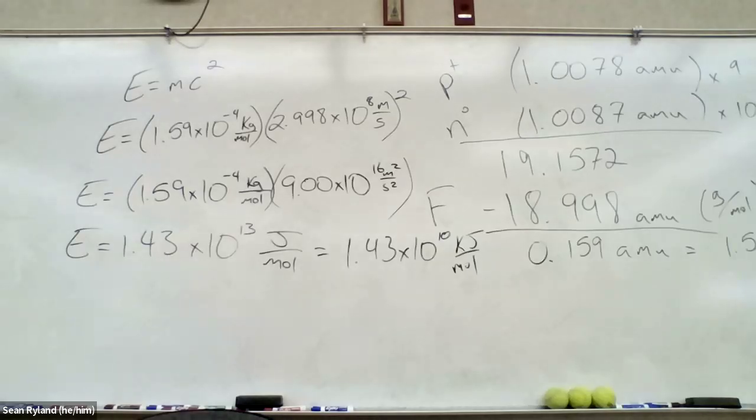Alright, and so we can actually look at all the stable nuclei. The most stable nucleus of every element, as we go from hydrogen all the way up to uranium. There's actually a theoretical maximum where you get the most nuclear binding energy. And we think of those as being the most stable nuclei. The most stable isotopes are the ones where you have the highest possible nuclear binding energy.